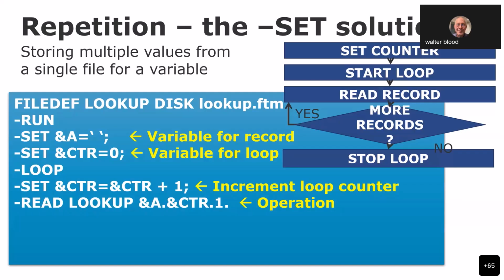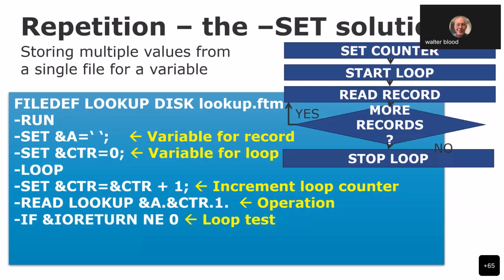Now having done that, I can then check and see if I got data when I did that read. That's what &IORETURN does. I need to do some sort of a test on my loop to determine whether my loop is done or not. Have I finished?